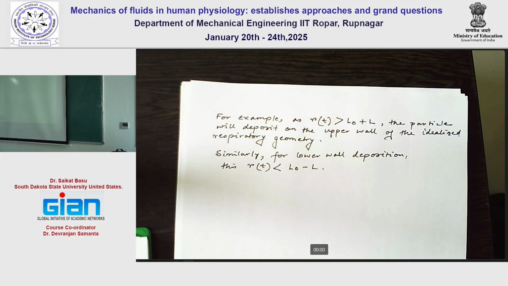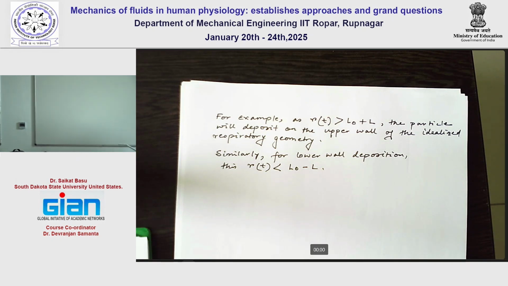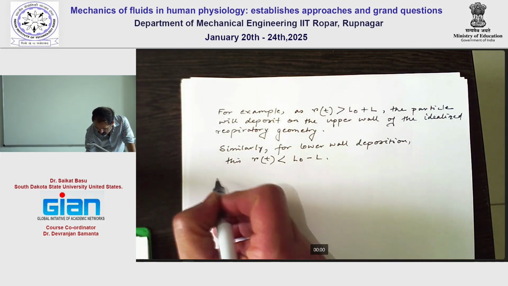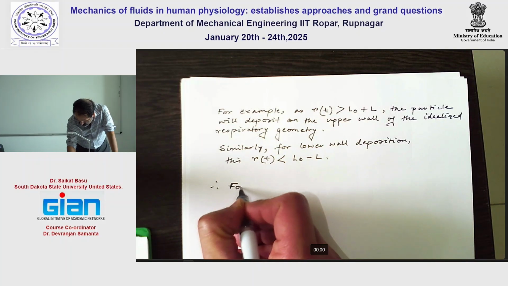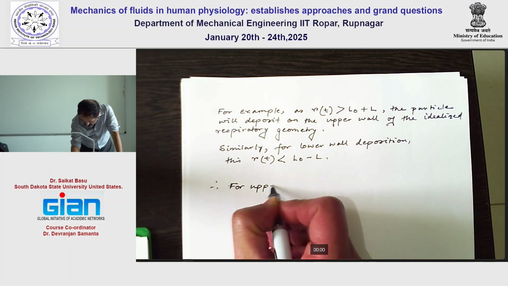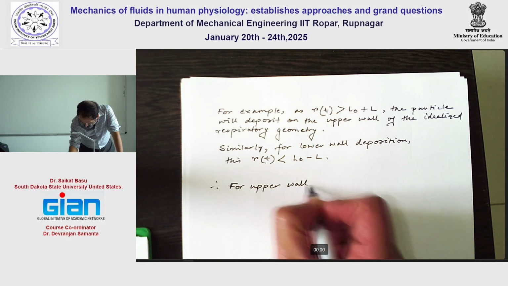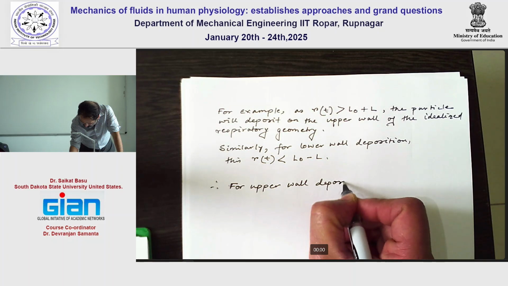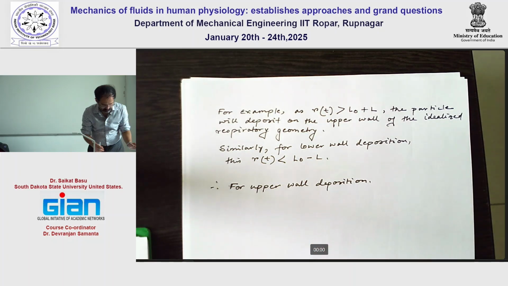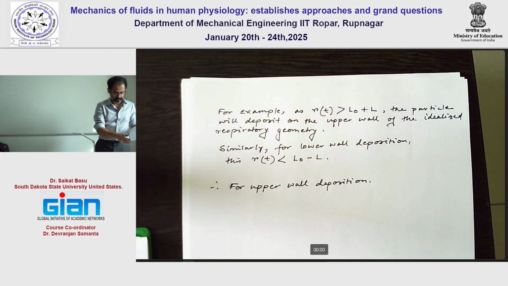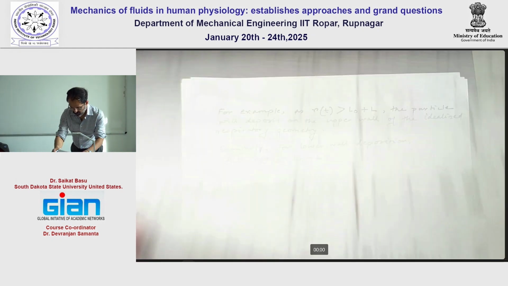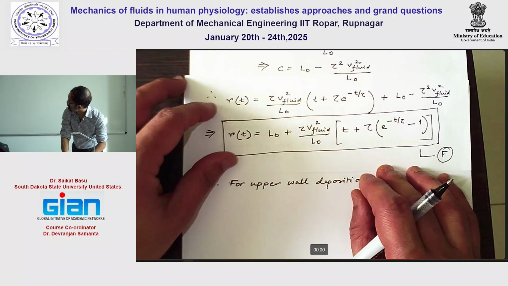So let's use this and try to set up the criterion. So therefore, for upper wall deposition, we are using this E form.